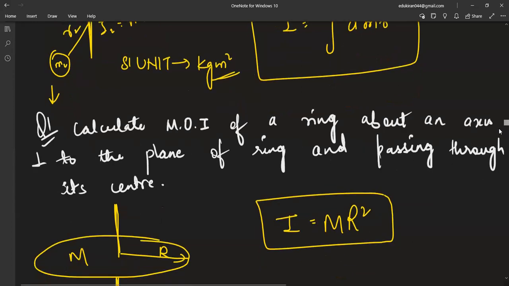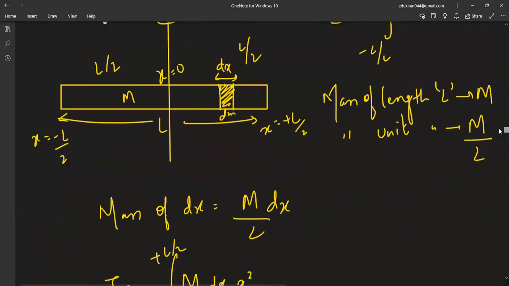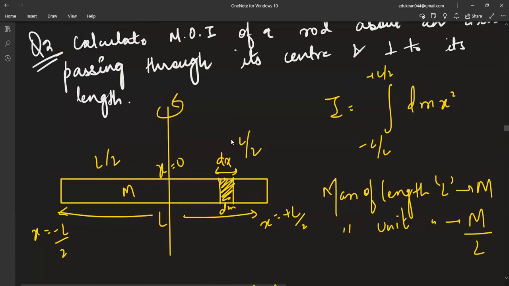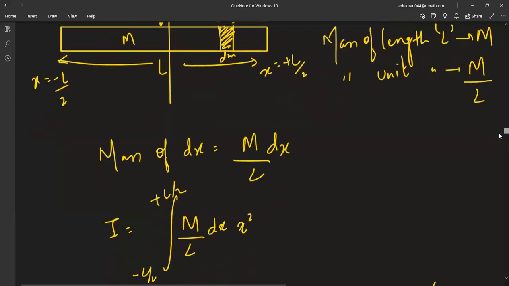So instead of dm, what we have obtained? Dm is the mass of dx. Like the mass of length L is M, so the mass of length dx is dm. Using the unitary method, we have calculated the value of dm. So that's why I've substituted it in place of dm. Got it? Okay.